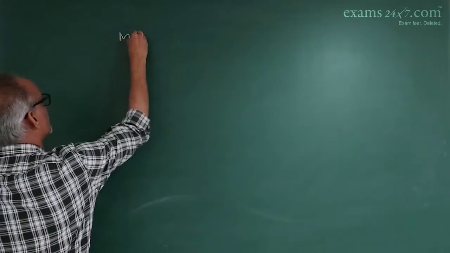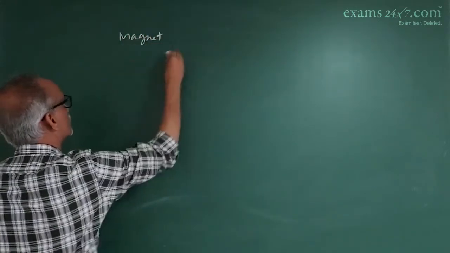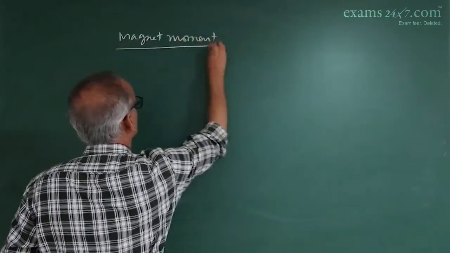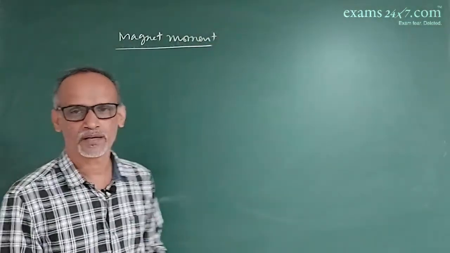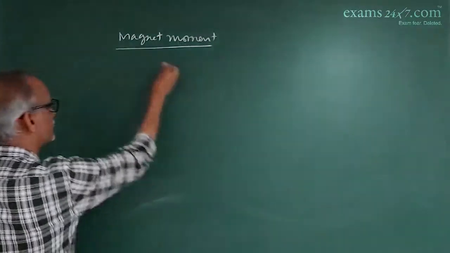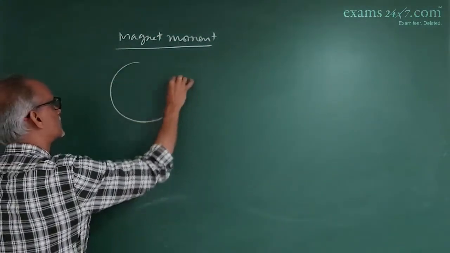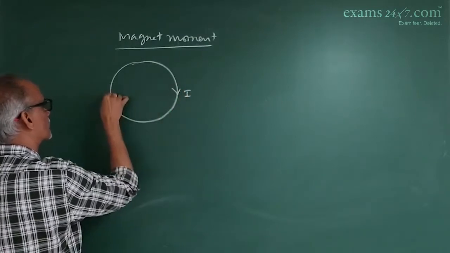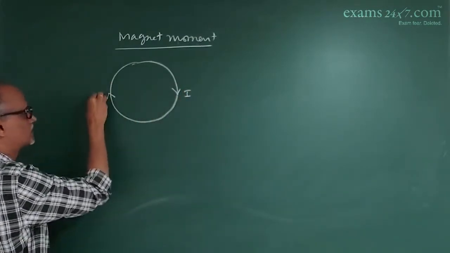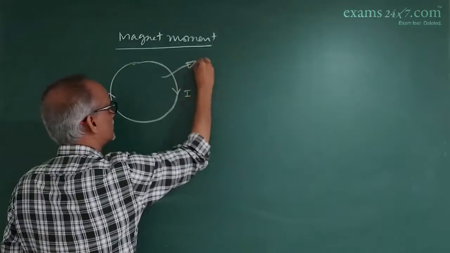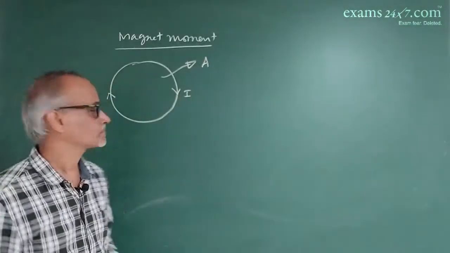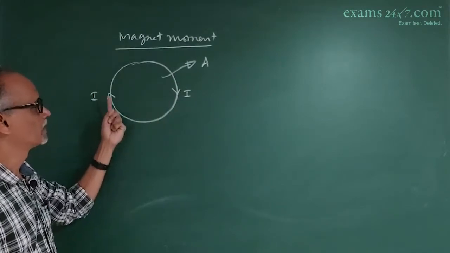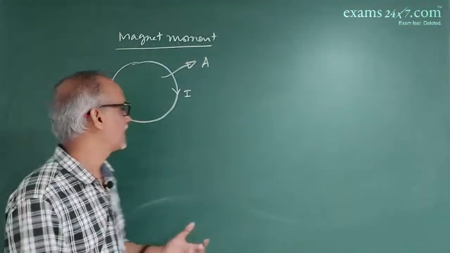Now when current flows through a conductor, and if it is a closed loop of any shape, let me consider a circular shape, where I is the current through this loop and A is the area of the loop. A current carrying loop behaves like a magnetic dipole.